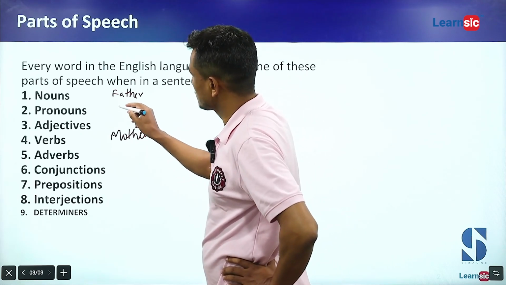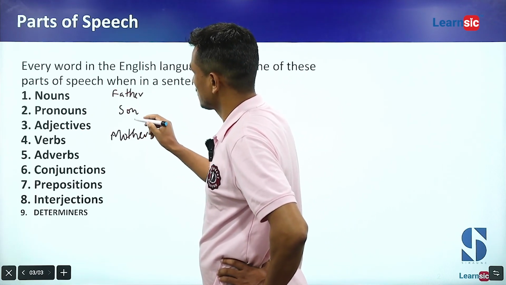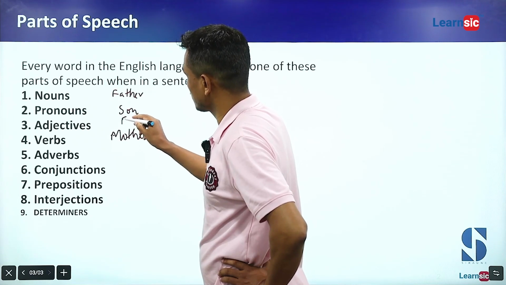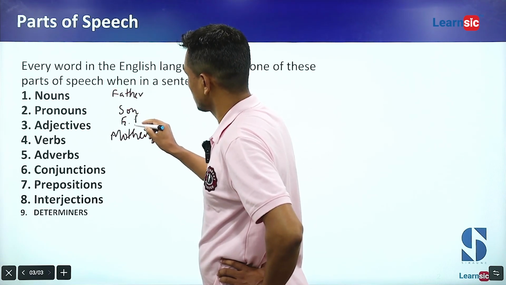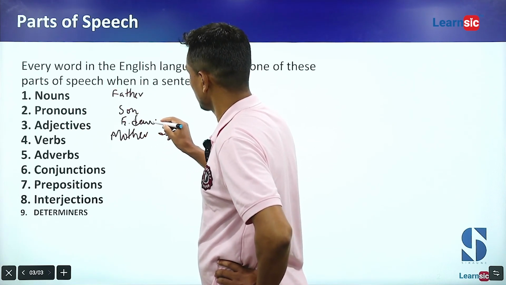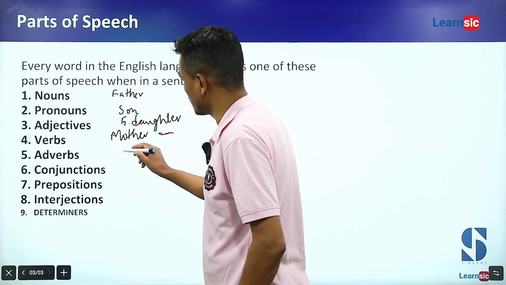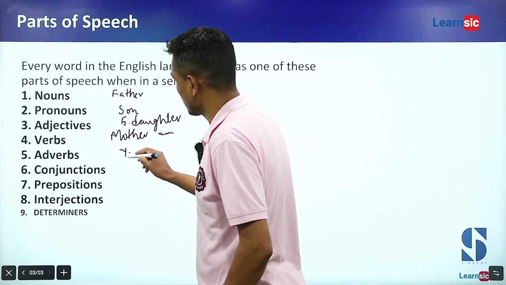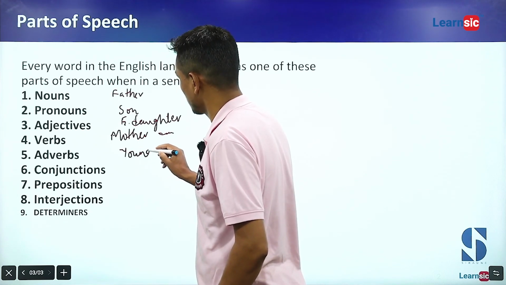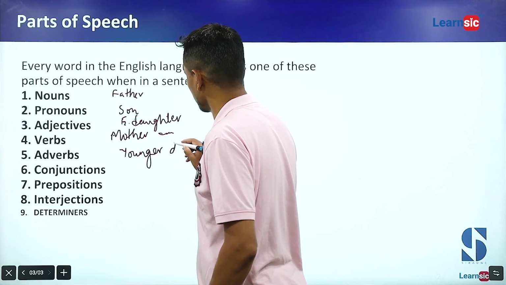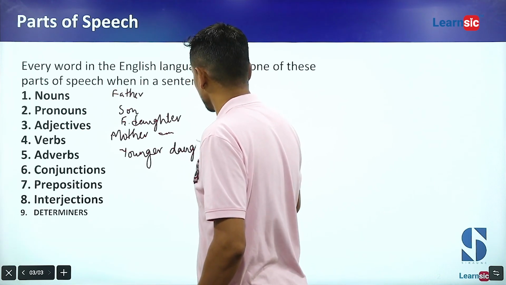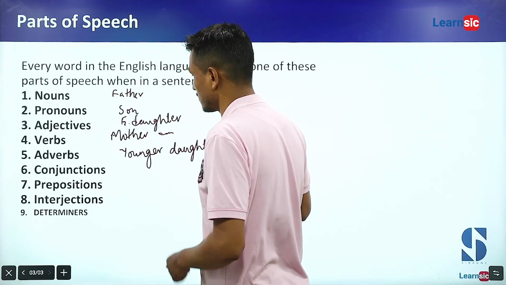Pronoun is the son. Adjective is the elder daughter. Adverb is the younger daughter.